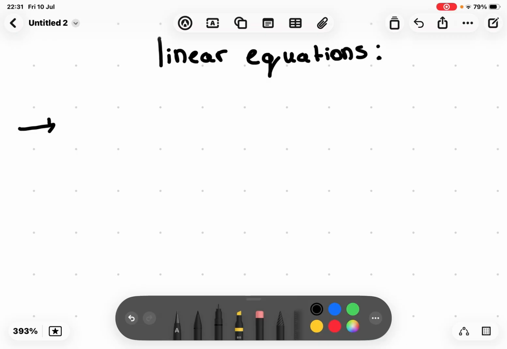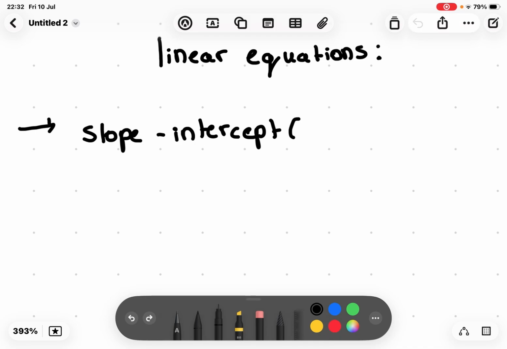So the first type is the slope intercept, and that's kind of the form. Right now we're going to talk about all the forms.